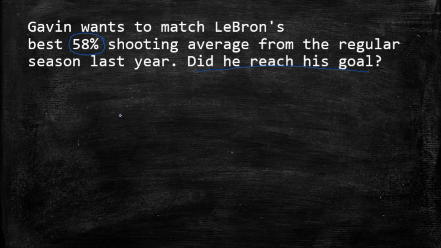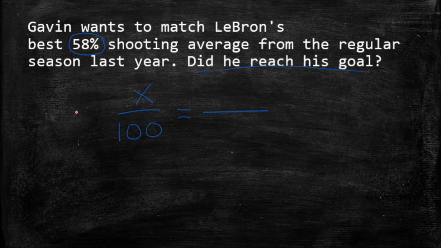So we're going to set up a proportion. And we know that we are going to put our fraction bars and that 100 is always going to be here. Here we're trying to find out what the percentage is. So that is going to be our variable. And we need to compare Gavin's percentage with LeBron's percentage and see how he did.